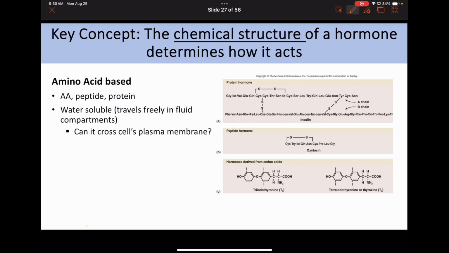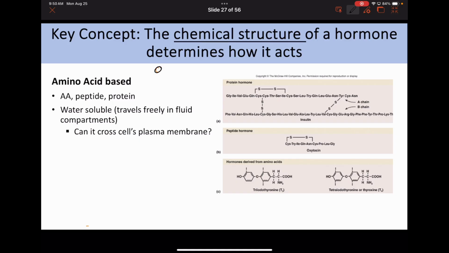Would an amino acid-based hormone be able to cross a cell's plasma membrane if it's water soluble? Yes? No, it will not. Why? What is within the plasma membrane that would prevent something that's water soluble from crossing? The phospholipid bilayer. The phospholipid bilayer has these hydrophobic tails, if you remember.